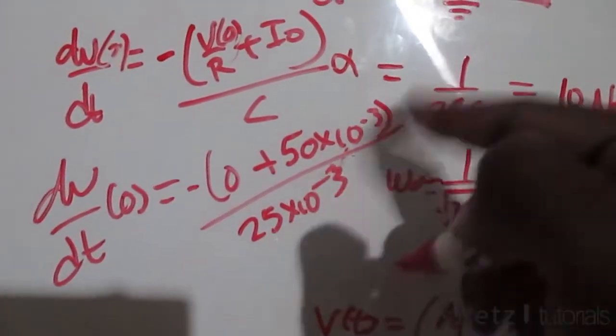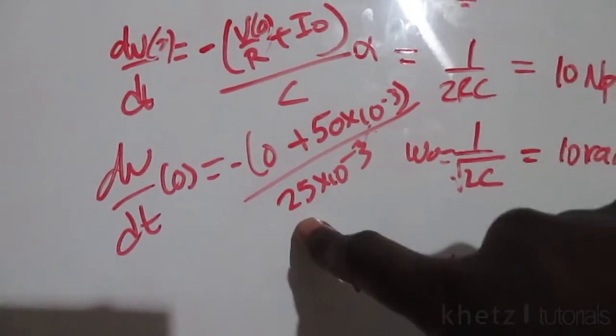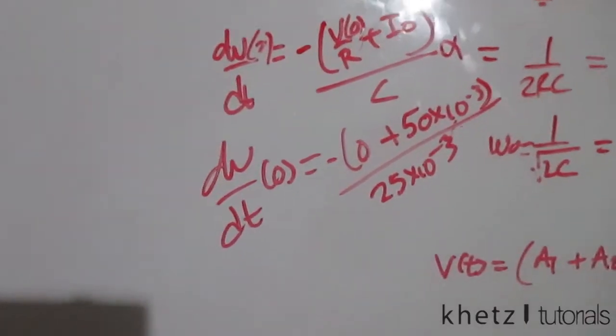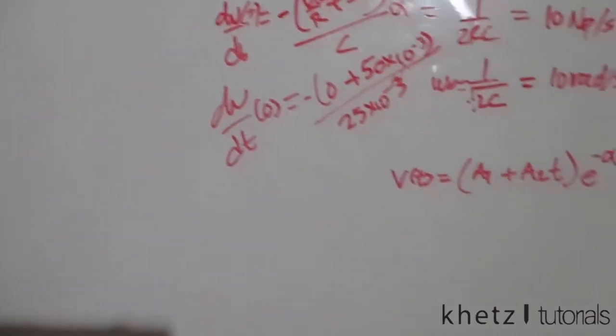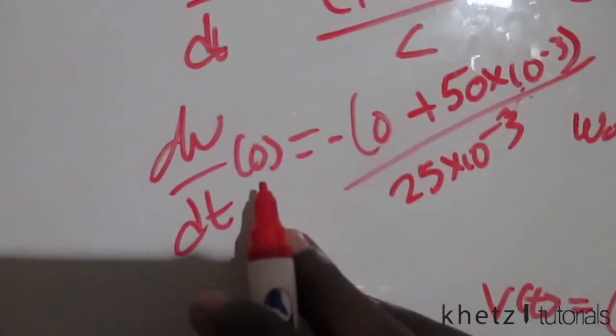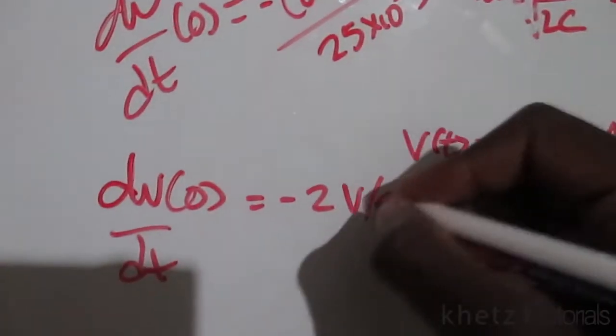The milli is going to cancel out, and we are left with 50 divided by 25, which is actually 2. Not forgetting the negative sign, dV over dt at 0 is equal to negative 2 volts per second.